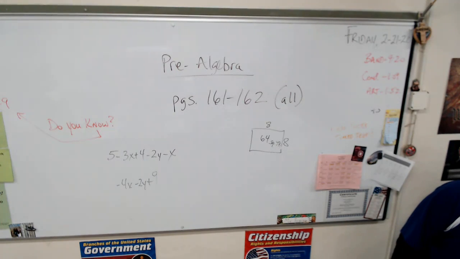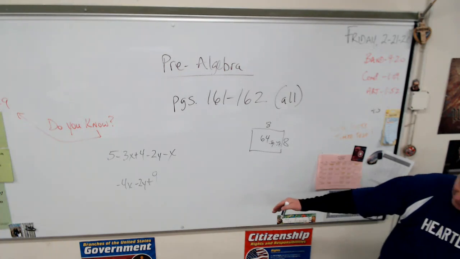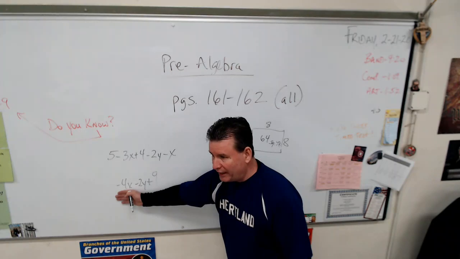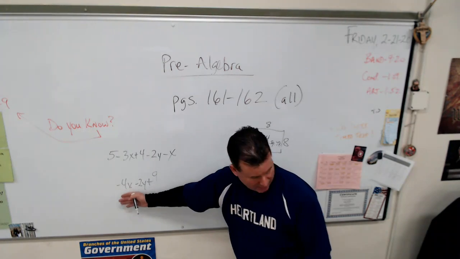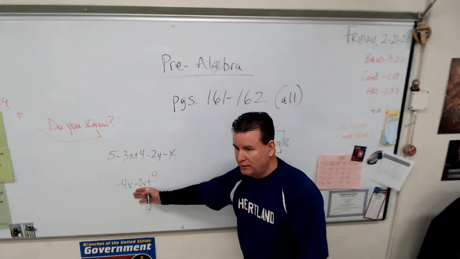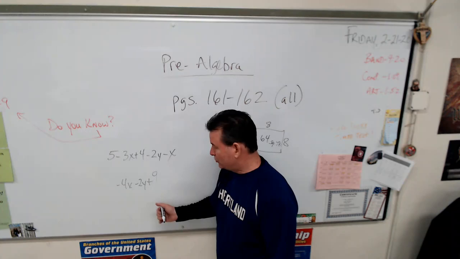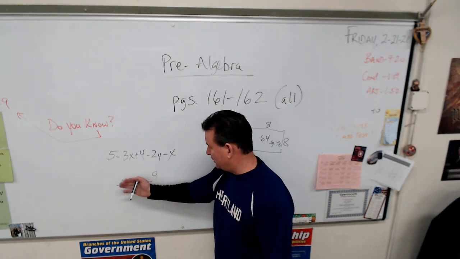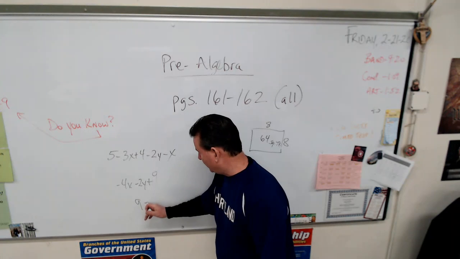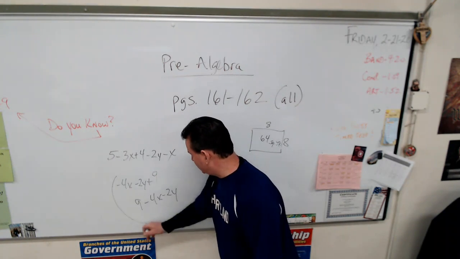It says the match for that is B, 9 minus 4x minus 2y. Because essentially you're adding, so you could look at it as 9 plus negative 4x plus negative 2y, which still ends up the same thing. These two are the same.